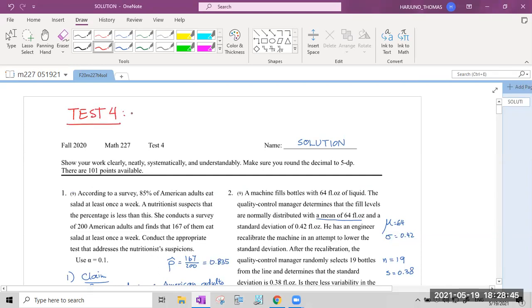Now, let me remind you that for your test 4, we do not start from 4:30 p.m. but from 4 o'clock. So please go on Zoom even earlier if possible.